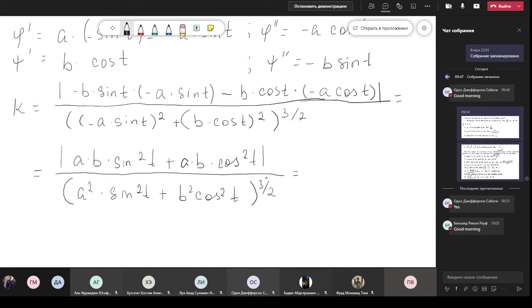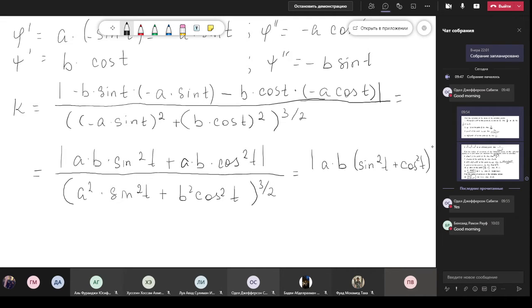In the numerator, we can take out the bracket a times b under our modulus: a times b times sine squared of t plus cosine squared of t.